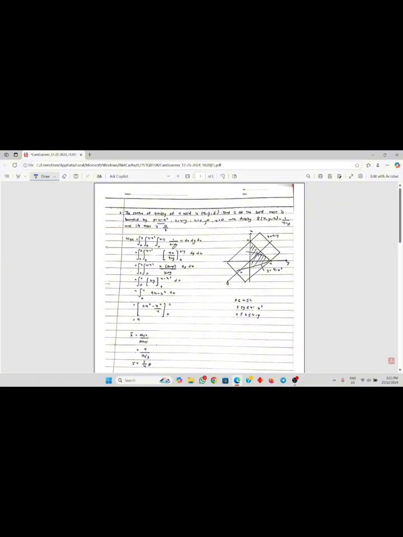So first of all, we need to find the moment myz. So we sketch it to get the limits of x, y, z. We get the limit of x 0 to 2, the limit of y 0 to 4 minus x squared, and the limit of z 0 to 4 minus y.